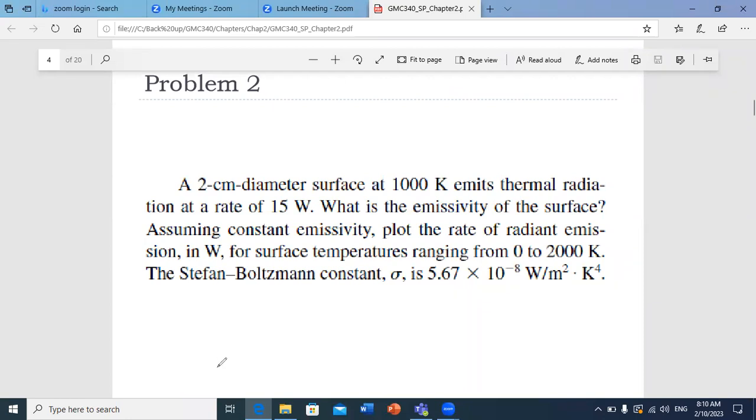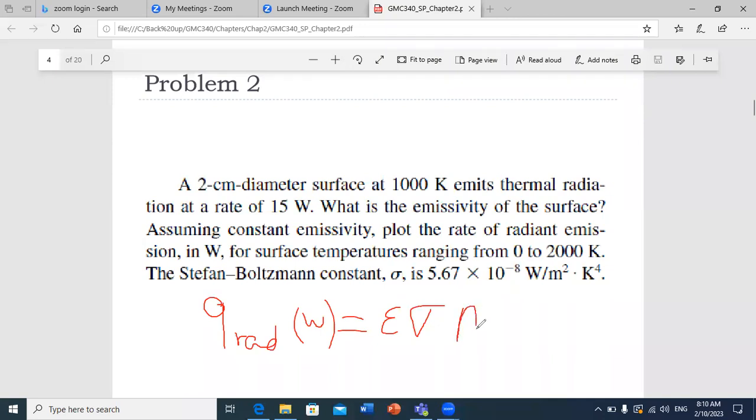So we need to use the formula of radiation. We know that Q radiation in watt is equal to the emissivity epsilon times sigma, which is the Boltzmann constant, times the area which is emitting the radiation heat, times T surface to the power 4.